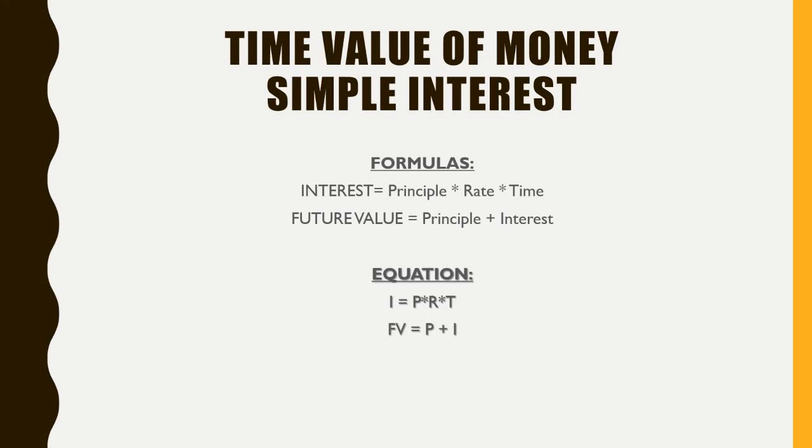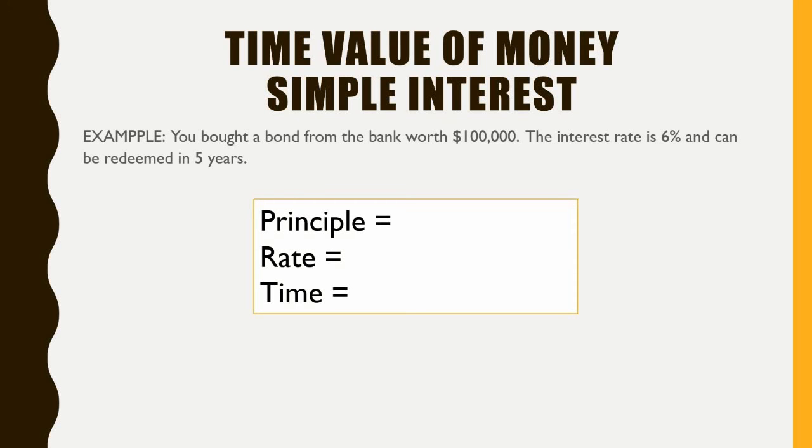So let's do an example here. The example says that you bought a bank bond for the total amount of $100,000. The interest rate here is 6%, and it is to be redeemed at the end of 5 years. You know bank bonds are the kinds of securities that you can't take out early.